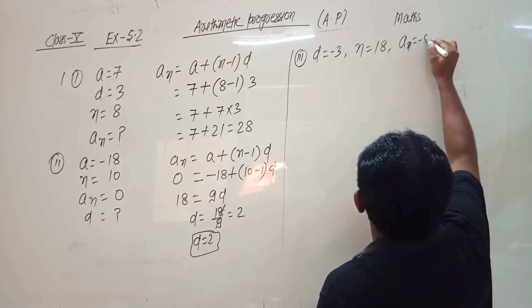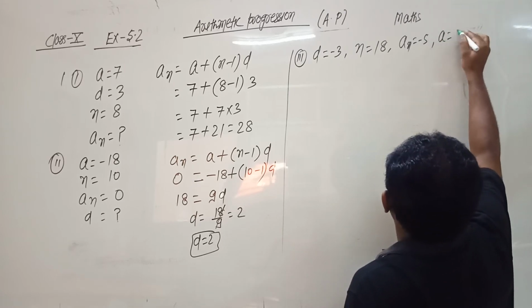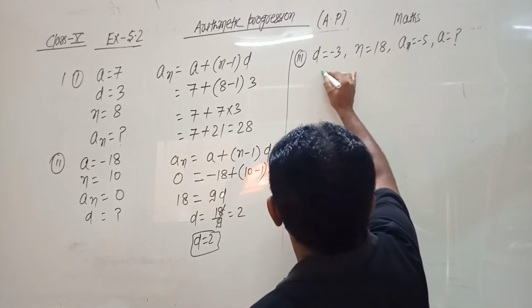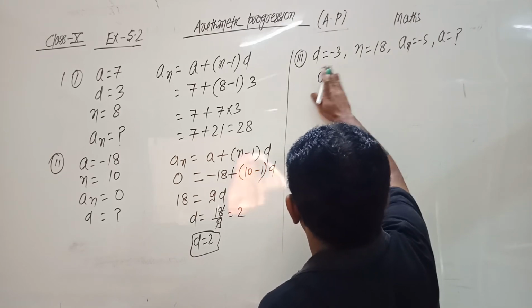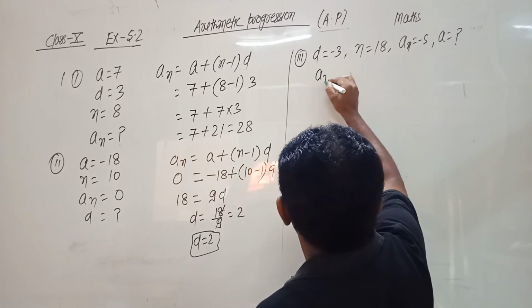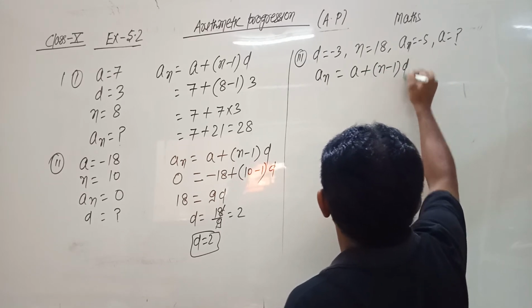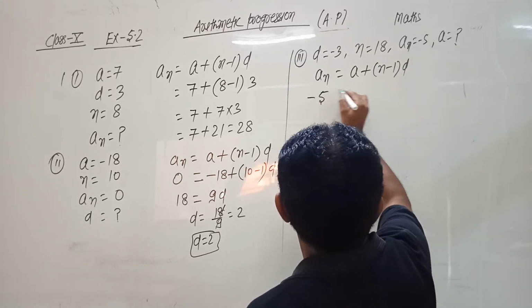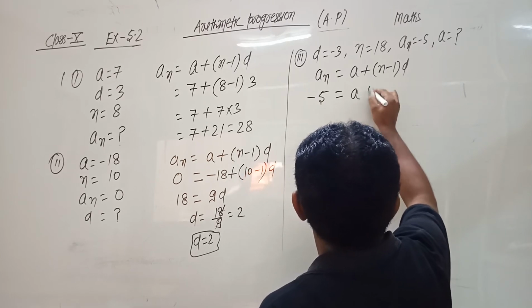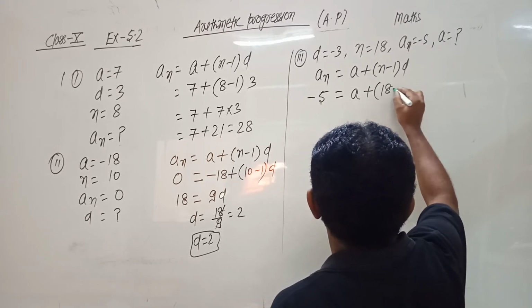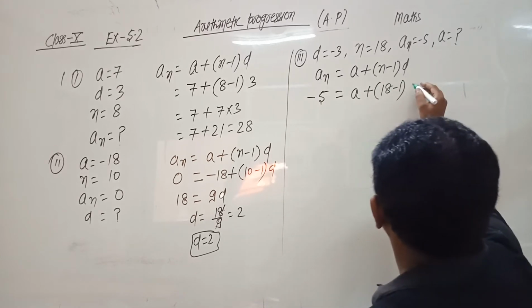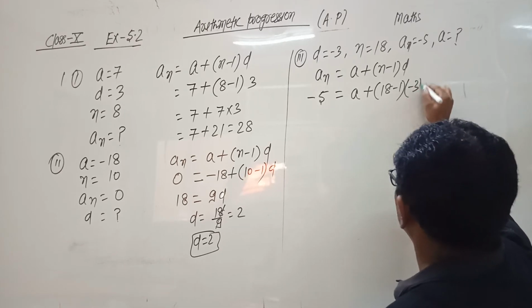We have to calculate the first term. The same formula will be used: an equals a plus (n minus 1) into d. The value of an is minus 5, a we have to calculate, the value of n is 18, and the value of d is minus 3.